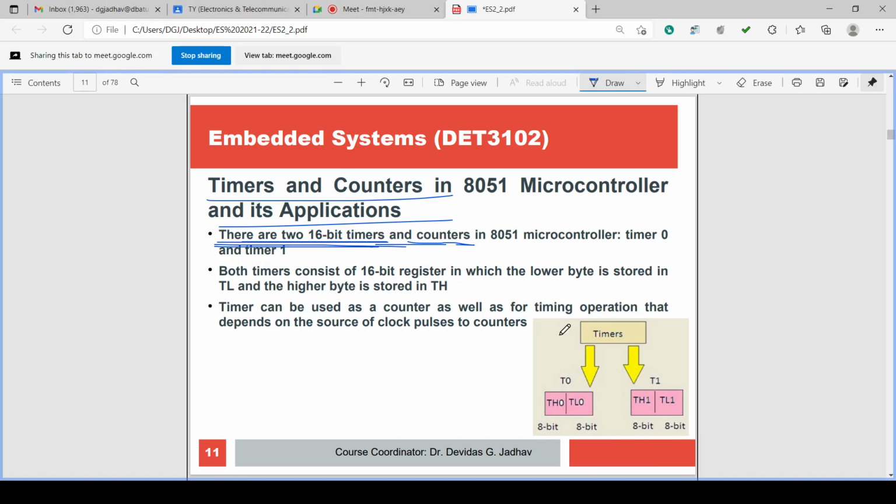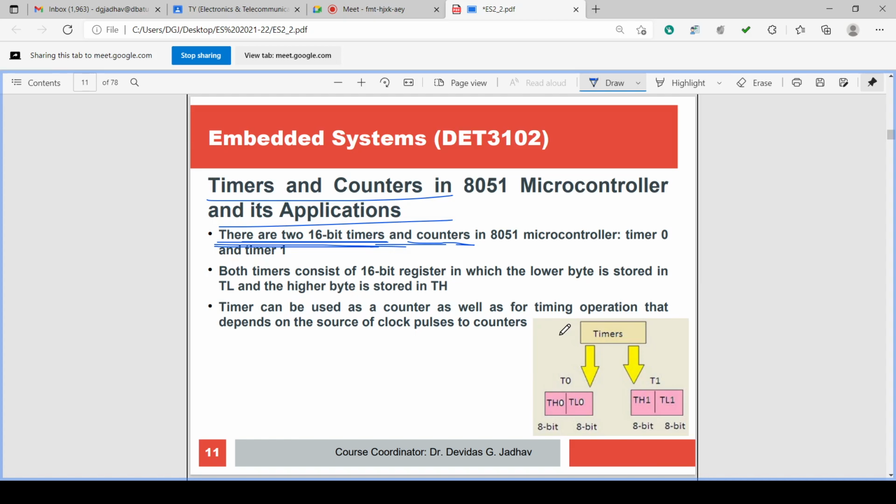If you load the count and use the clock cycle, we can provide the timer by loading the number. Or we can take an external pulse train on a certain pin and count it, changing the content of the counter with each pulse. So this becomes a counter: either timer or counter.